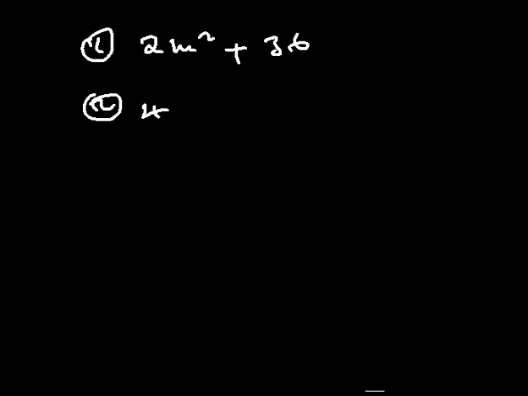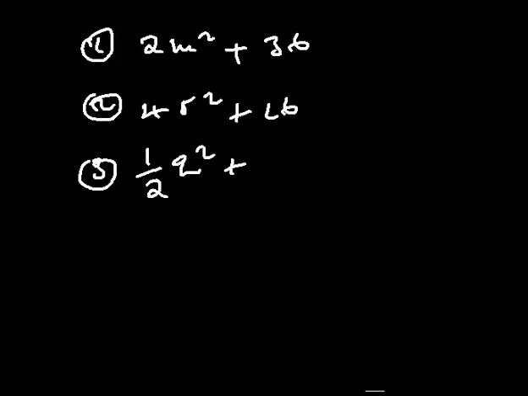Let's say if we can have something about 2m squared plus 36, and we have 4r squared plus 16, and let's say if we can have something about half q squared plus 4q, and try to have that.